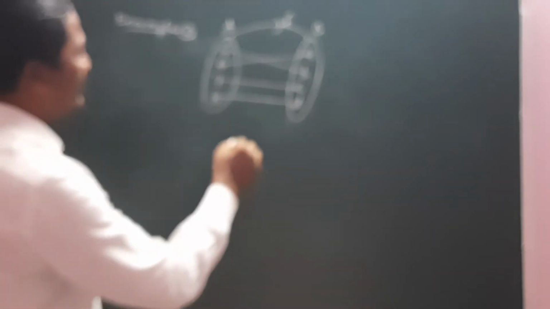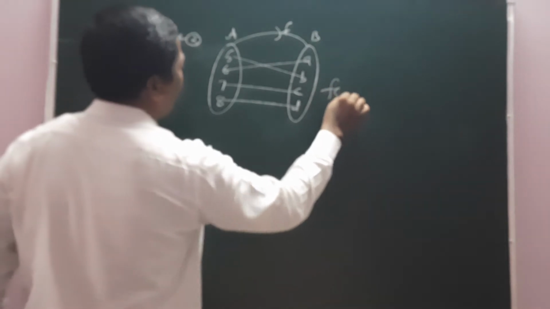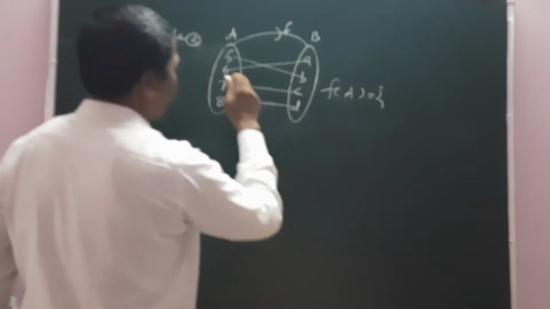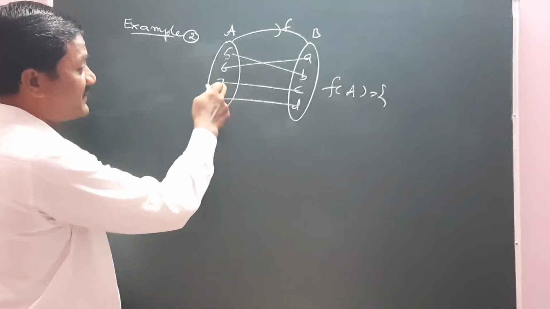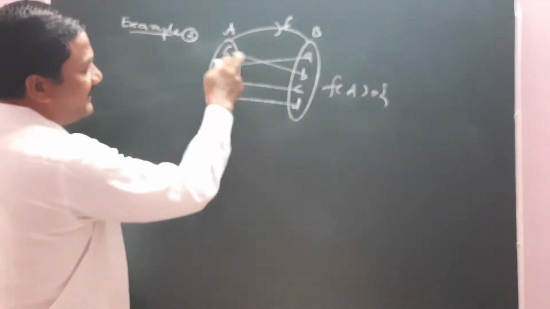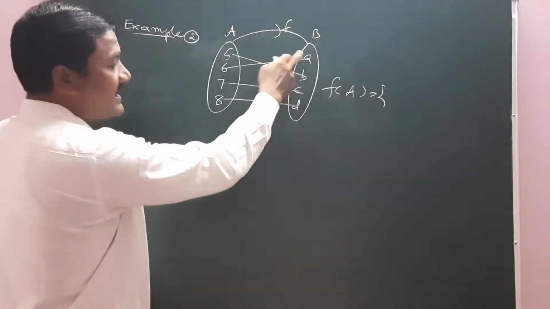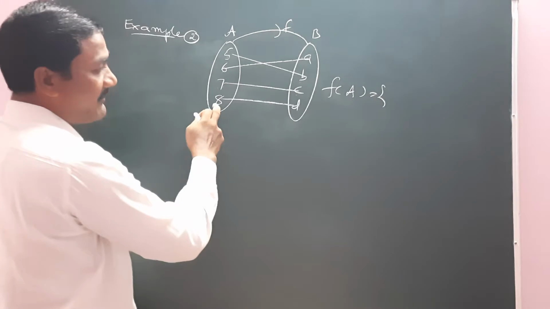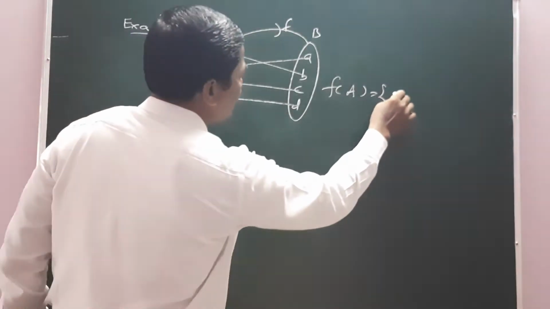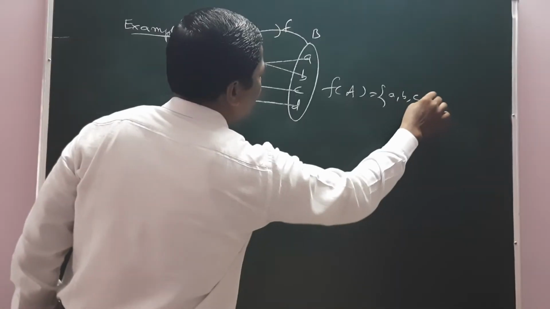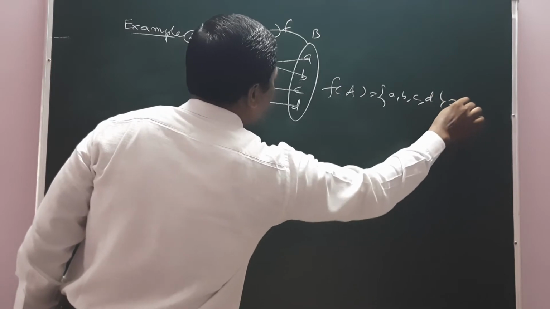Here in this case, f of A means f of 5, f of 6, f of 7, f of 8. f of 5 means b, f of 6 means a, f of 7 means c, f of 8 means d. That is a, b, c, d, which is nothing but B only.